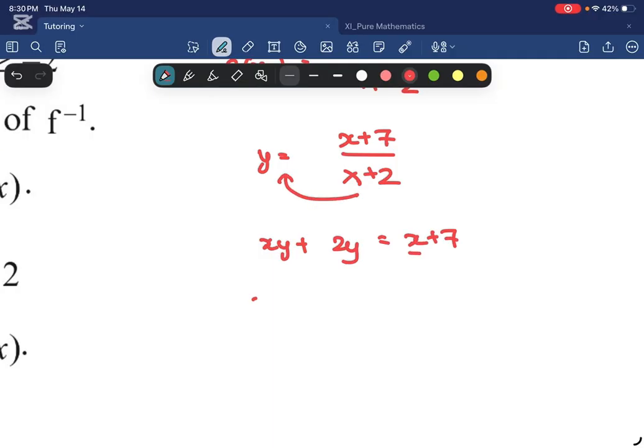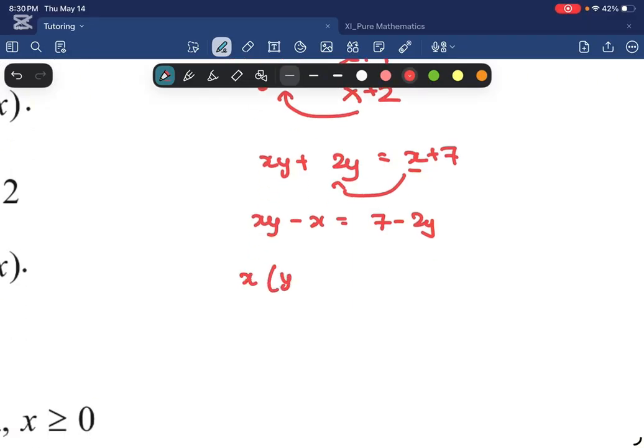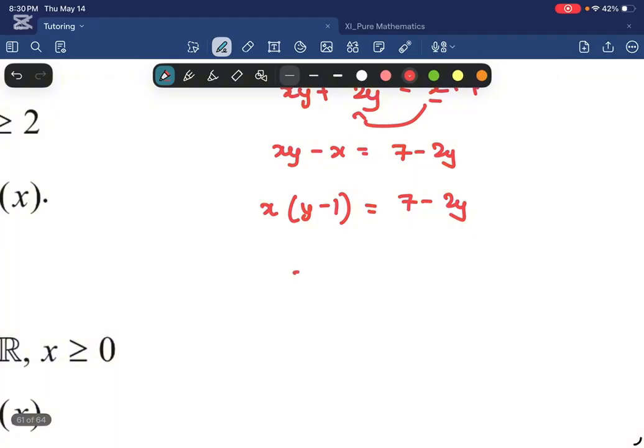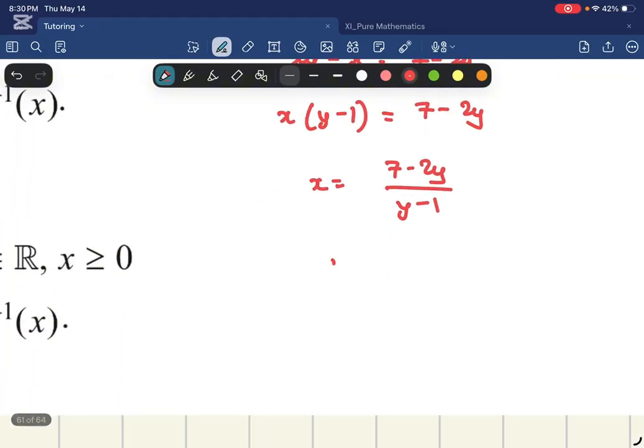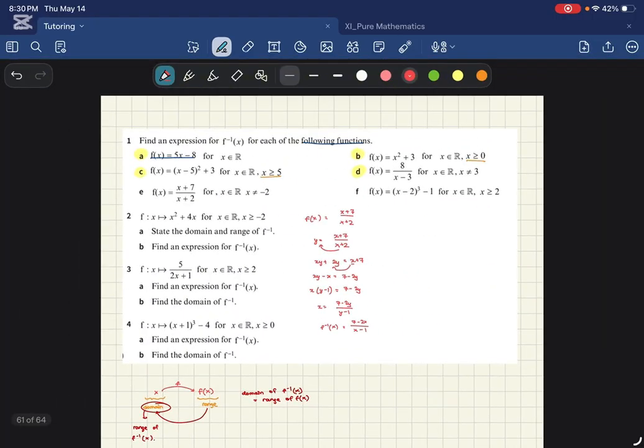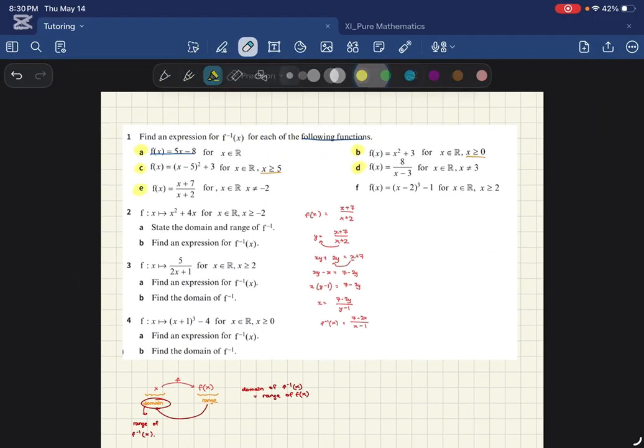So I'll bring x to my left-hand side, and I'll take y to my right-hand side. So xy minus x is 7 minus 2y. If I factor out x, I get x times (y minus 1) is equal to 7 minus 2y. So x is equal to (7 minus 2y) divided by (y minus 1). And finally, I know that f inverse of x is (7 minus 2x) divided by (x minus 1). All right, so that is question 1 done.